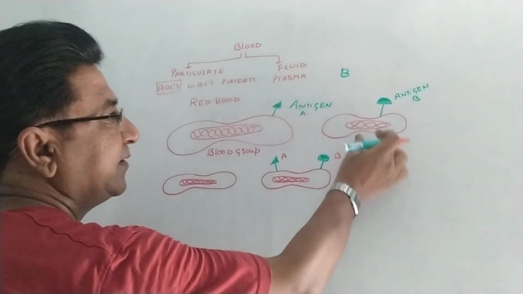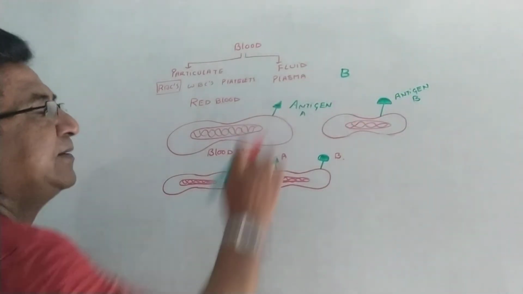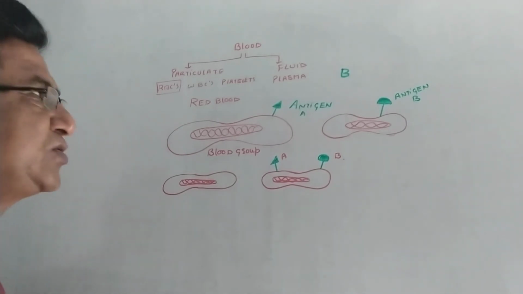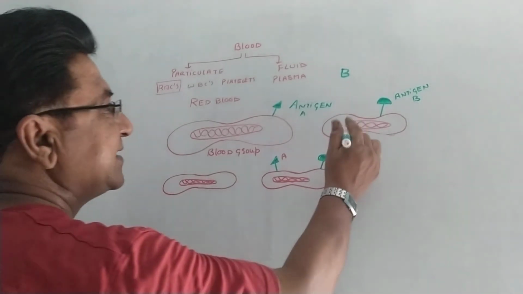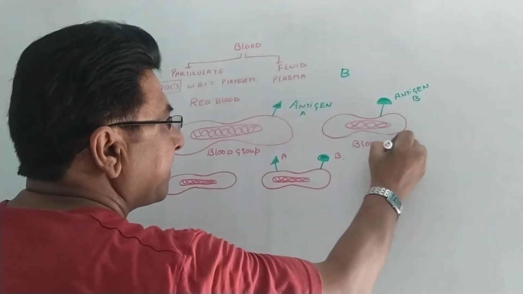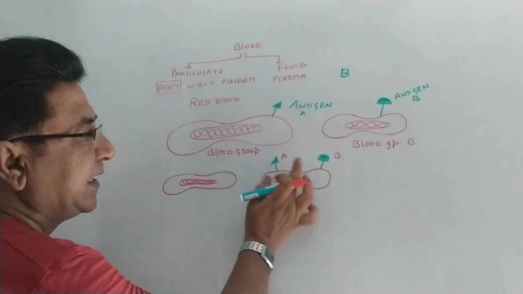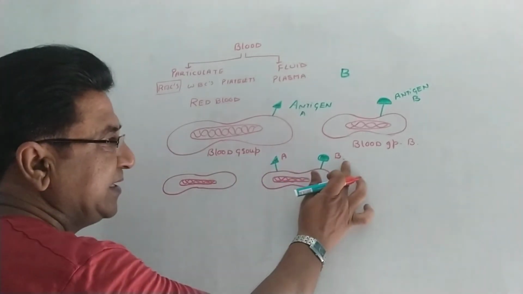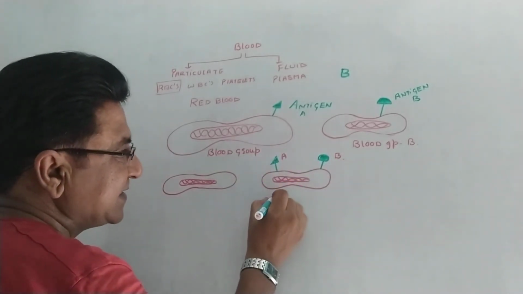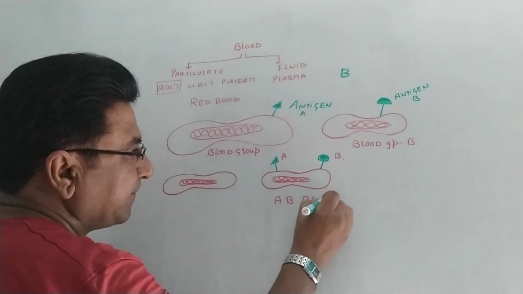Another blood group has RBCs with the dome of B shape, it is blood group B. The one having both antigens A and B we will say is AB blood group.